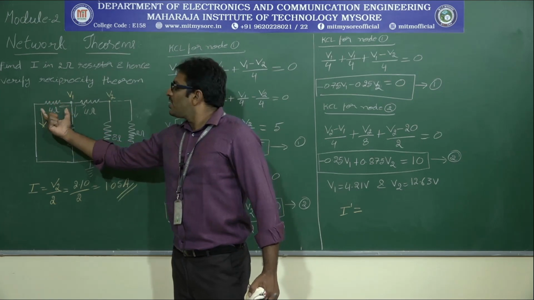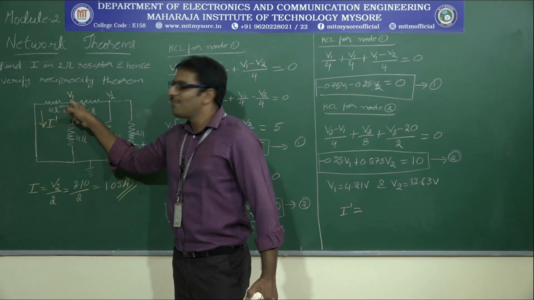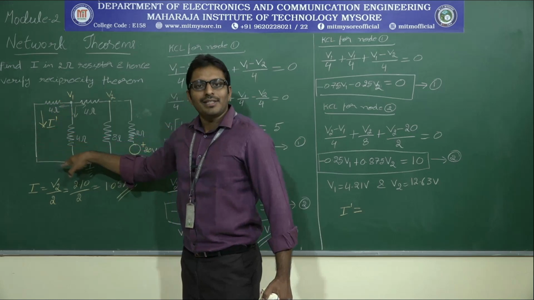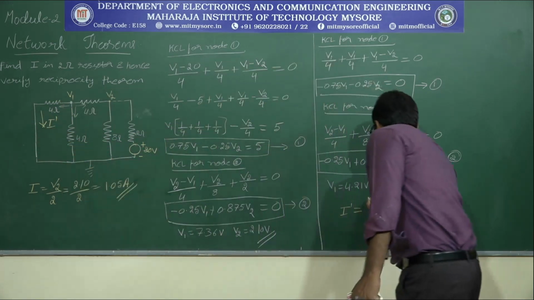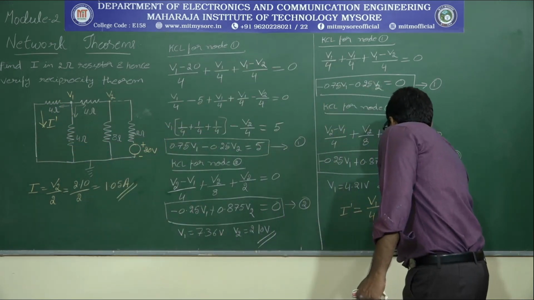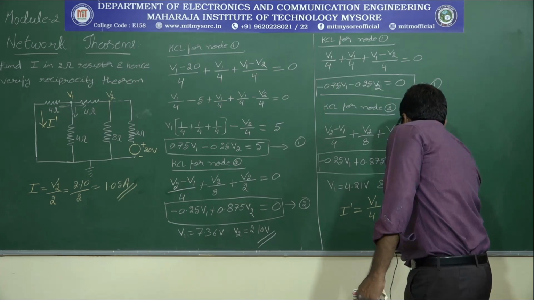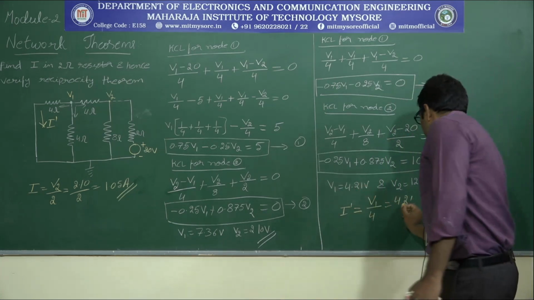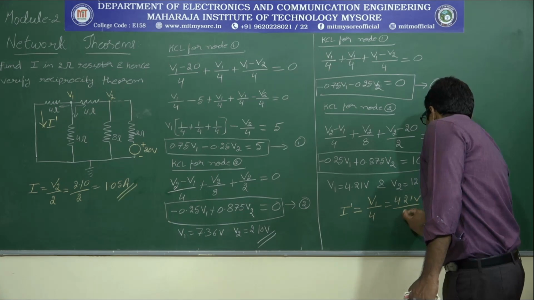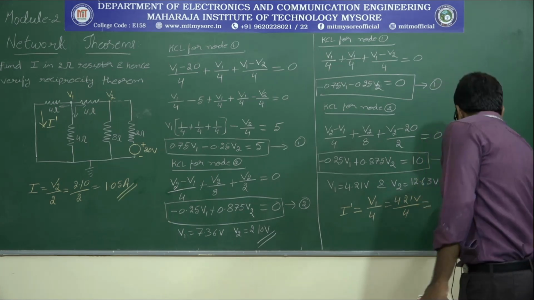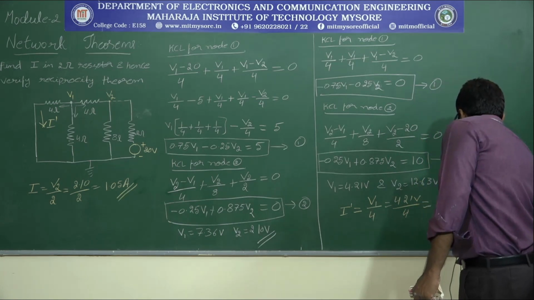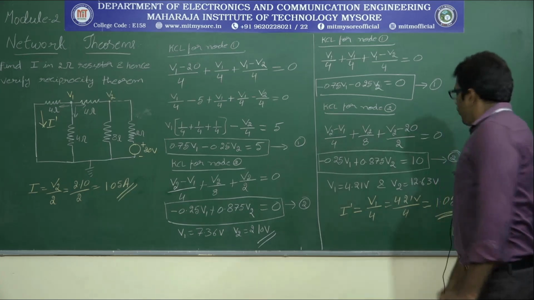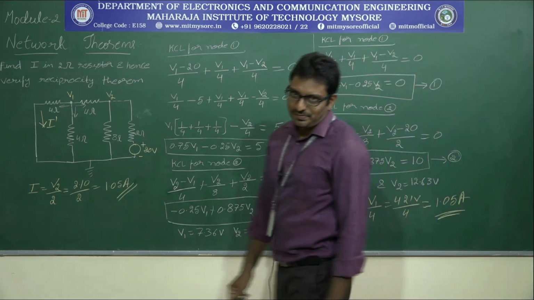The potential difference is V1 minus 0, therefore V1 by 4. What is V1? 4.21 volts divided by 4. Just use your calculator and simplify. You will get again 1.05 amps.